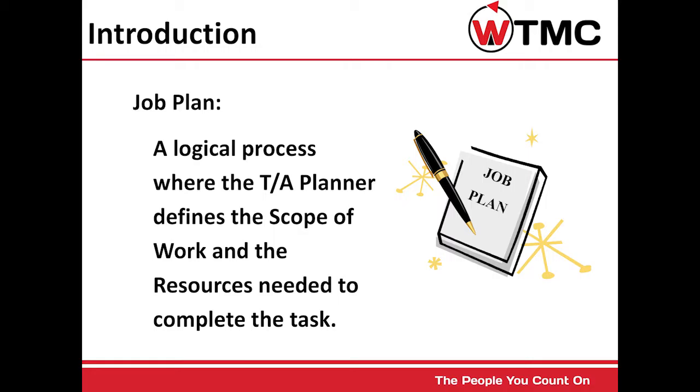Review meetings, site visits, and discussions with operations, maintenance, inspections, and craft subject matter experts fill in the missing information. It is then up to the turnaround planner to put the pieces together into an actionable job plan.